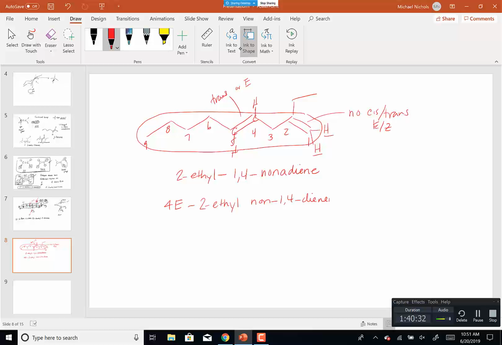These naming rules were developed before computers. And you might say, so what? Well, when I was an undergraduate in the early to mid 80s, we had computers that had a green screen and that's it.